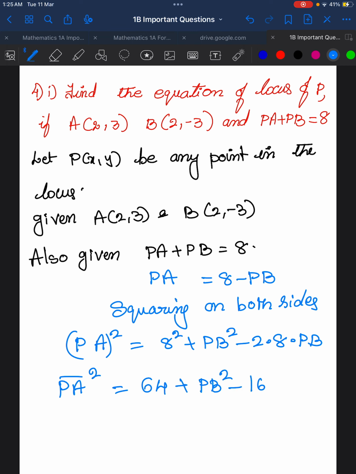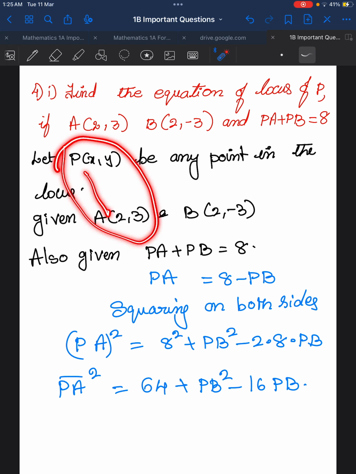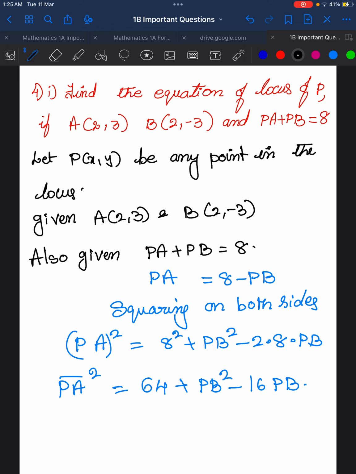Now, after simplifying, P to A distance. What is P to A distance? You have to remember x minus 2 whole square plus y minus 3 whole square. Square root is already removed. So PA square is x minus 2 whole square plus y minus 3 whole square is equal to 64.